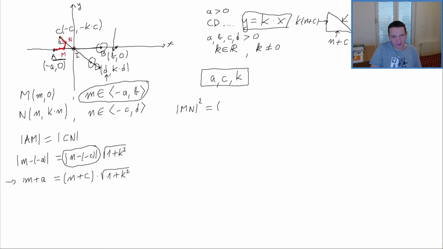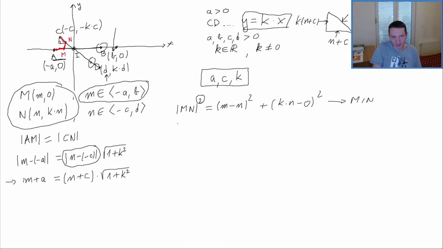We take the difference between x coordinates, m minus n, squared, plus we take the difference of y coordinates, which are simply k times n minus 0. So I'm using these coordinates here for m and n, and the well-known formula for the distance of 2 points. Without a square here, we would need to take a square root on the right side, and it is more convenient to calculate this way. So we need to take this to minimum.